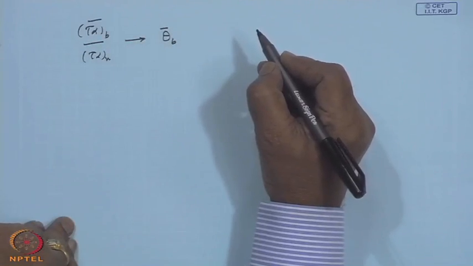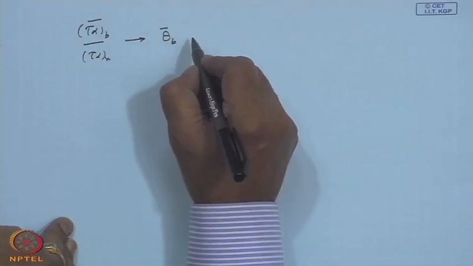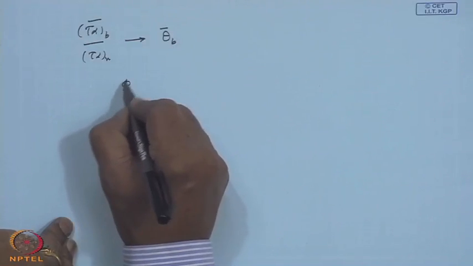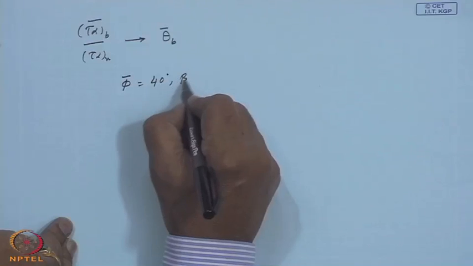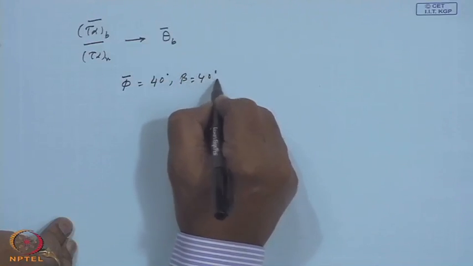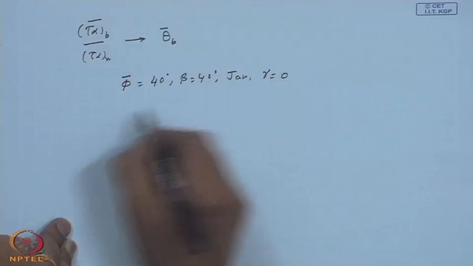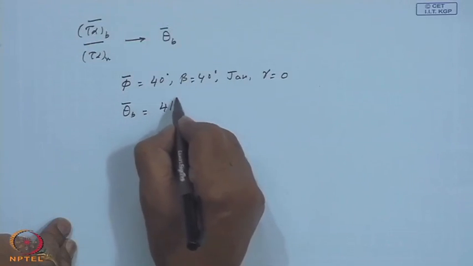That is the effective angle of incidence for the direct radiation, for which we have already demonstrated that there are charts. So, from the charts I have picked up, for phi is equal to 40 degrees, beta is equal to 40 degrees, month of January, and gamma is equal to 0, theta b bar is equal to 41 degrees.